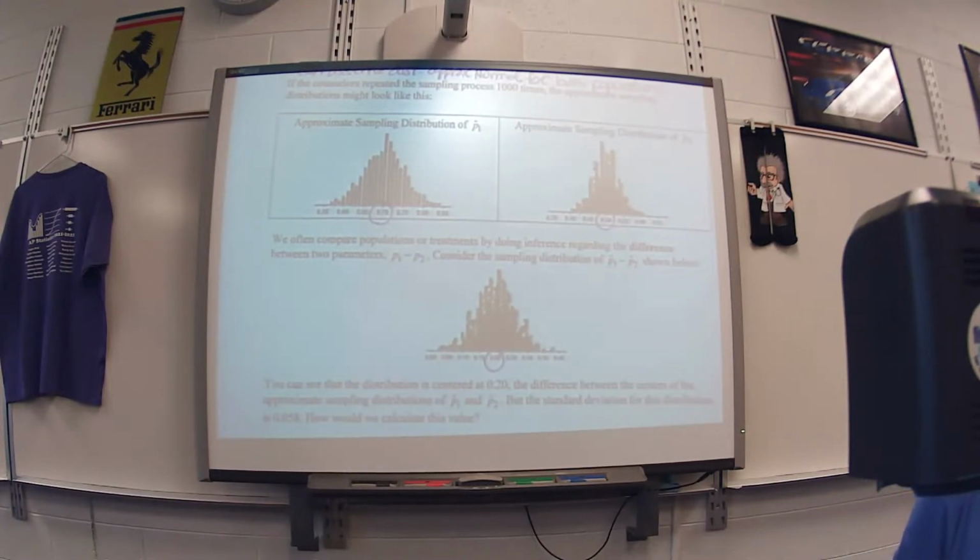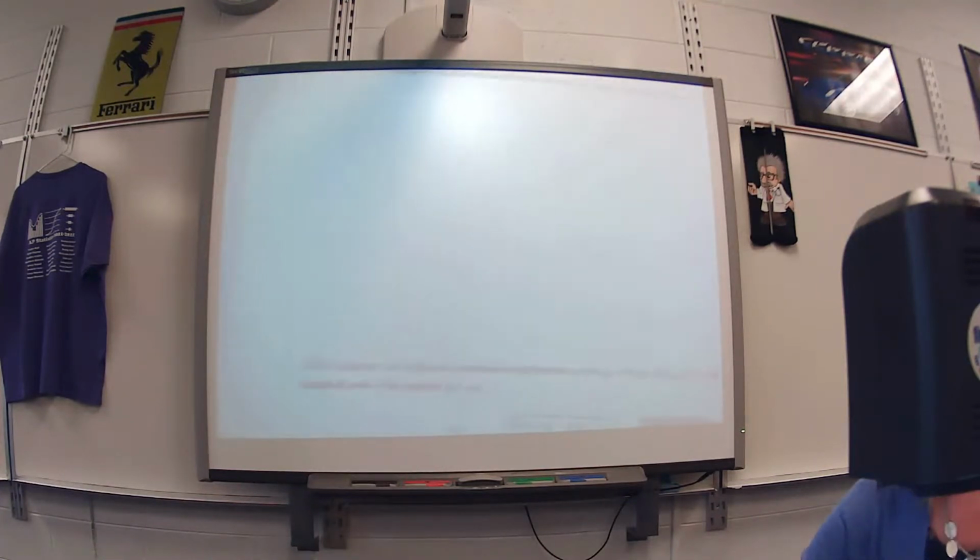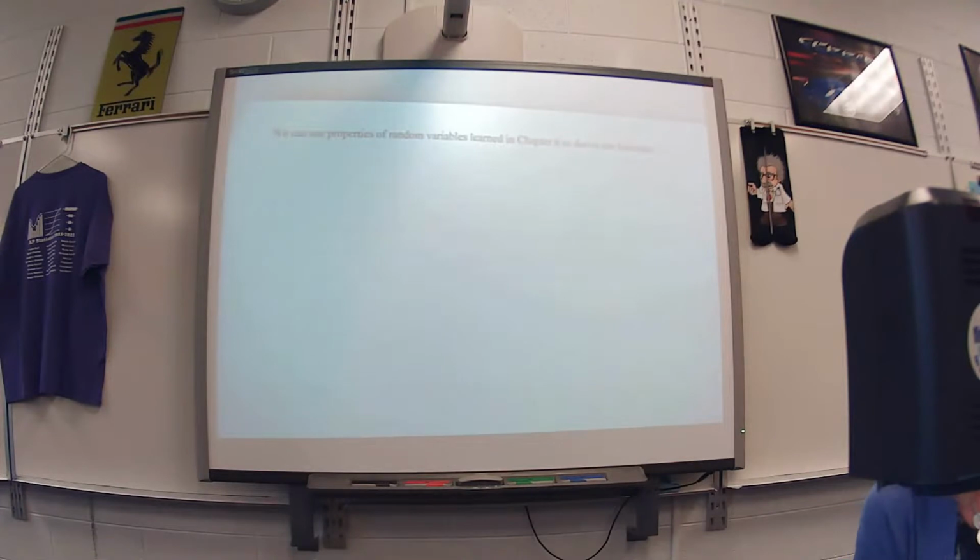It's the standard deviation again that, first of all, you don't even know what the standard deviations were, but even if I told you what they were, you don't have a rule for the subtraction between the two. I can tell you that the standard deviation of this is about 0.058. The question is, where did it come from? Oh, we got to figure out our formula.